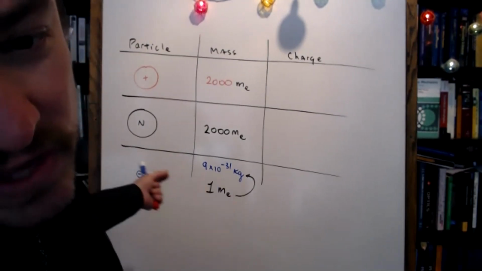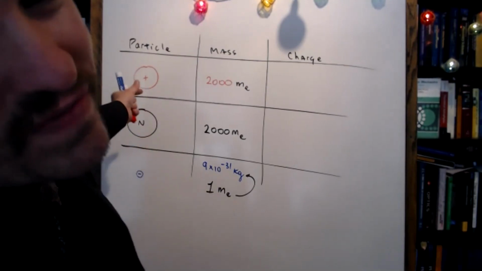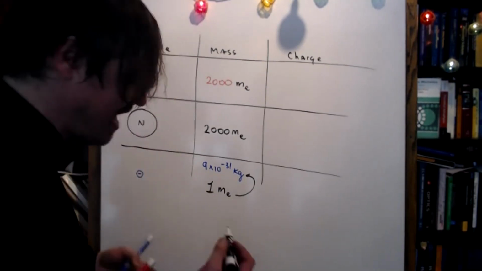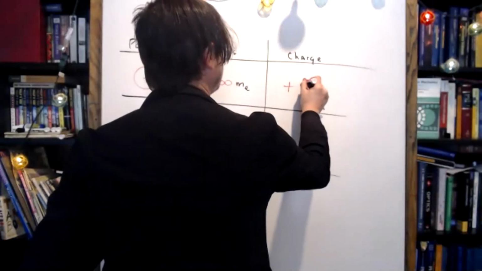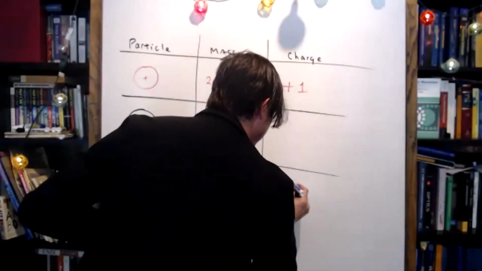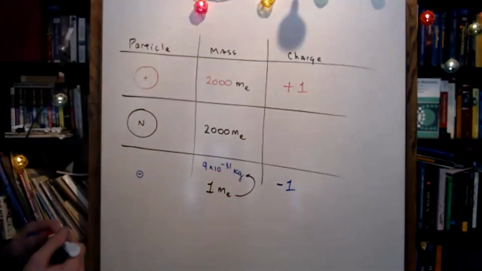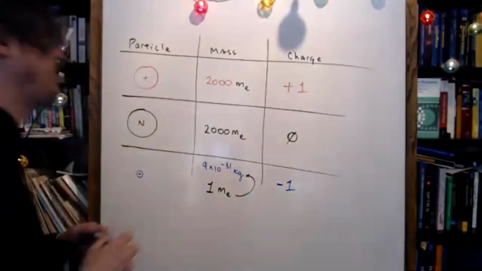And yet somehow this little itsy bitsy teensy wincy electron packs an equivalent amount of charge as the proton, albeit oppositely signed. The proton has a charge of +1. The electron has a charge of -1. And neutrons are neutral, so their charge is 0.